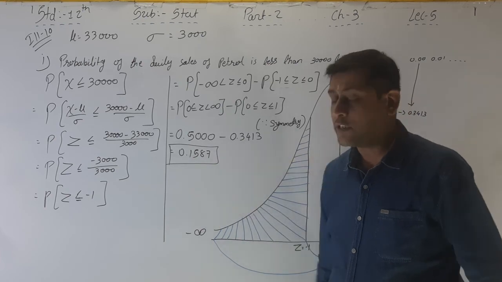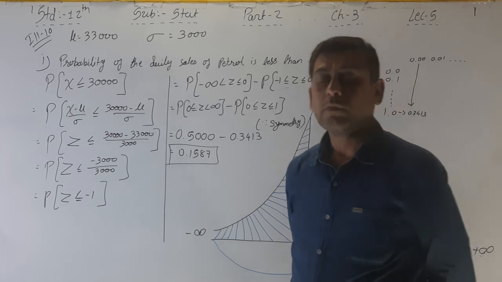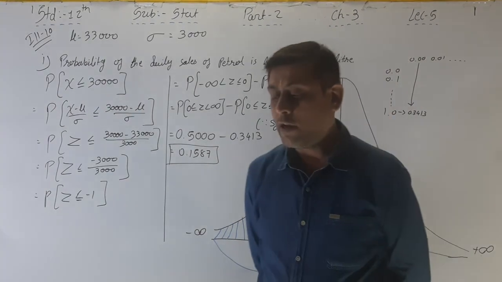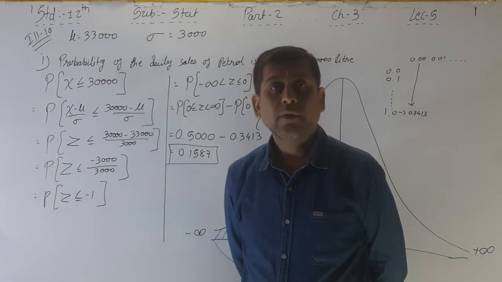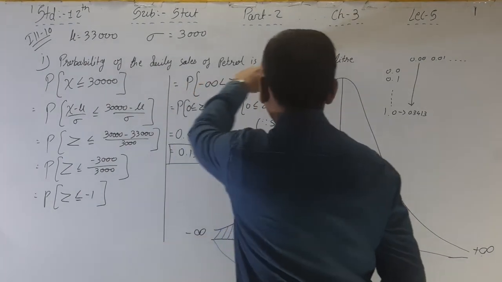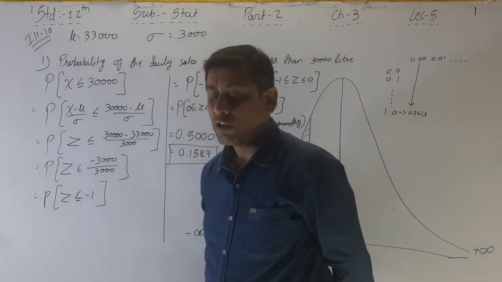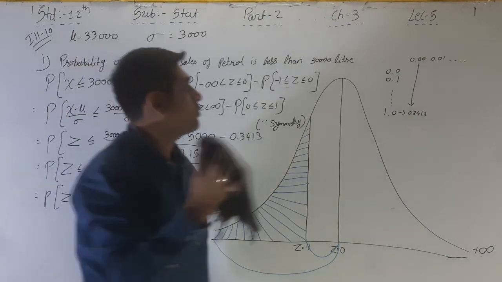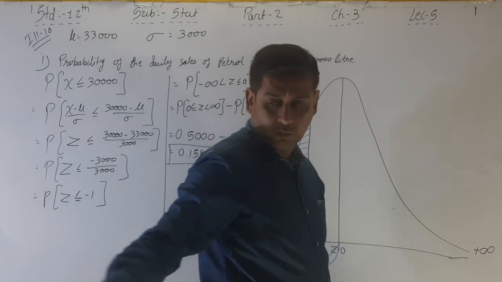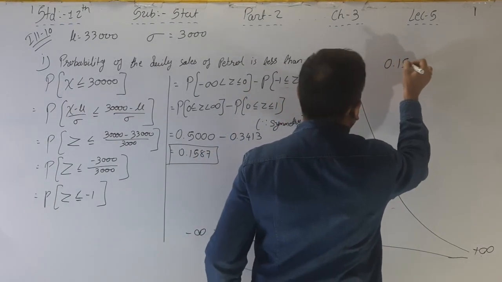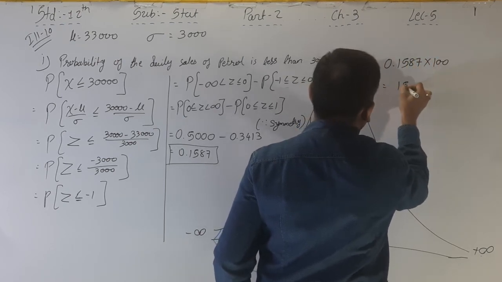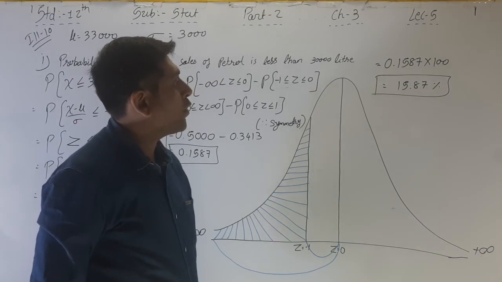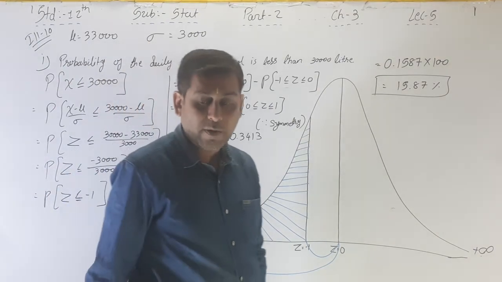Now the one line after this is: percentage of days during a certain month where the daily sales is less than 30,000 liter is equal to 0.1587 into 100, that is 15.87 percentage.